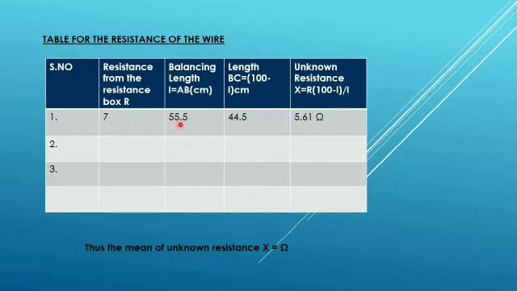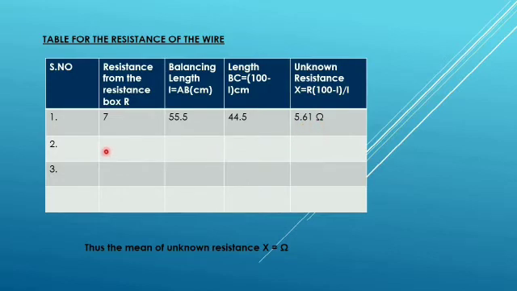So the balancing length came out at the point 55.5 centimeter. So the remaining length is 100 minus 55.5, that is 44.5. After substituting the given values in the above formula, the resistance was nearly coming out to be 5.61 ohm.